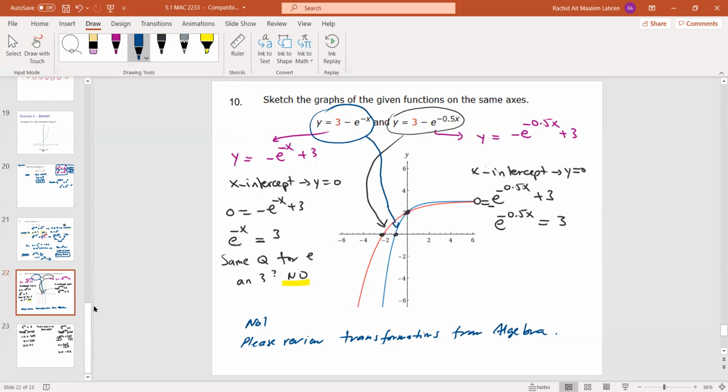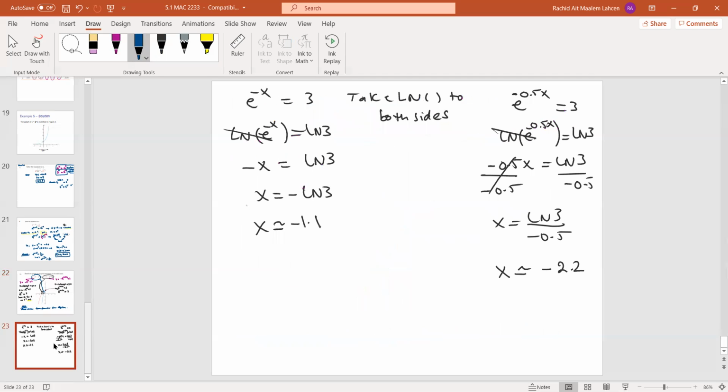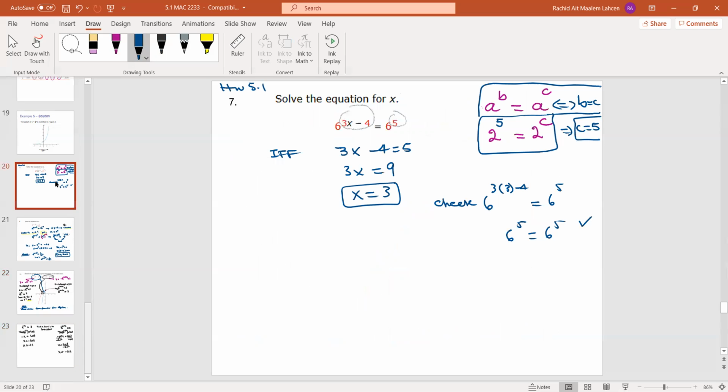So if you review the sketching, that will help solving these exponential equations. And I did the three types. Type 1 is this, where they have the same base, and you move with the powers there.